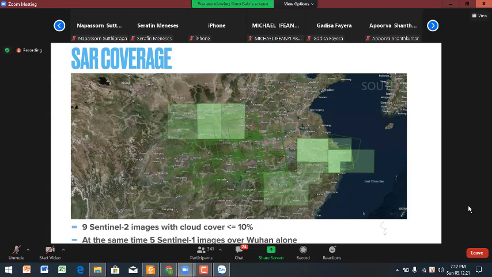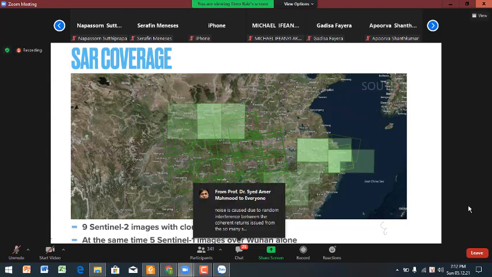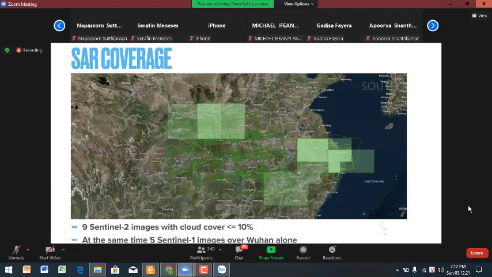I used that here over some time frame. Don't nail me down on that, probably some months or something. I should do that experiment again. Anyway, over the same area, we saw 9 Sentinel-2, so 9 optical images with a cloud coverage of less than 10%, while we got about 100 SAR images.